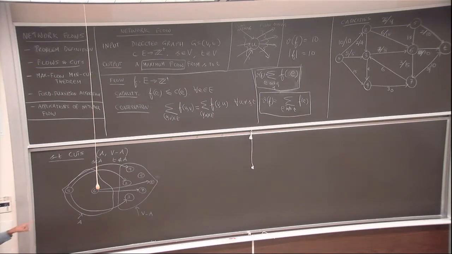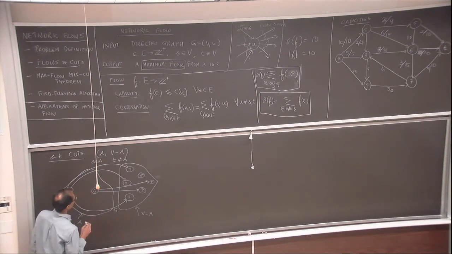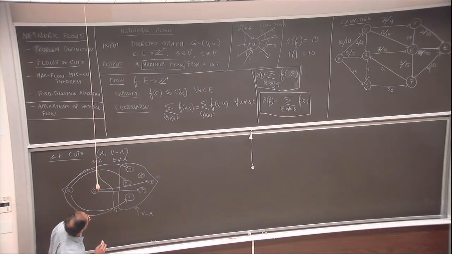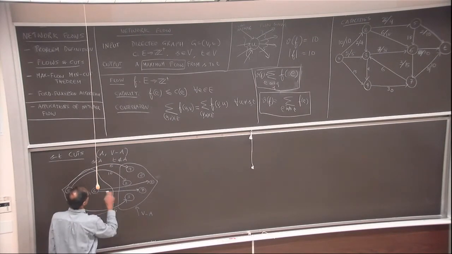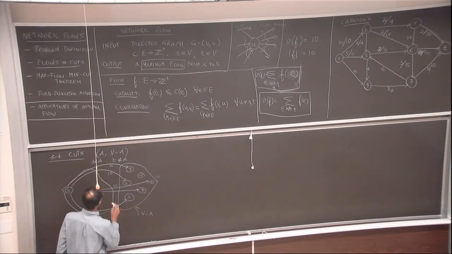So what is the capacity of each of these edges? I'm just writing the capacities here. S to 3 is 5. S to 2 is 10. S to 4 is 15. 6 to T is 10. And 6 to 7 is 15.